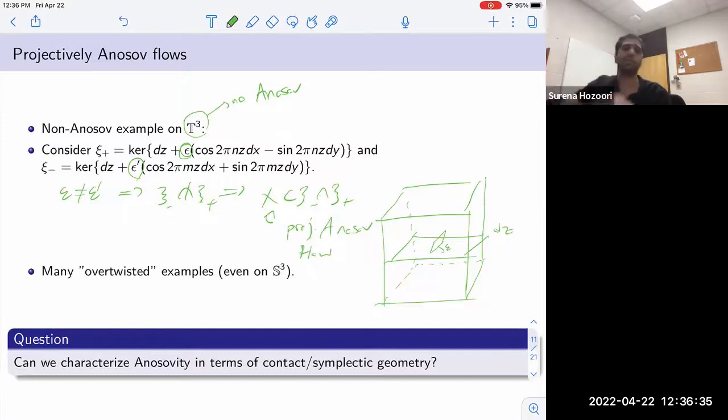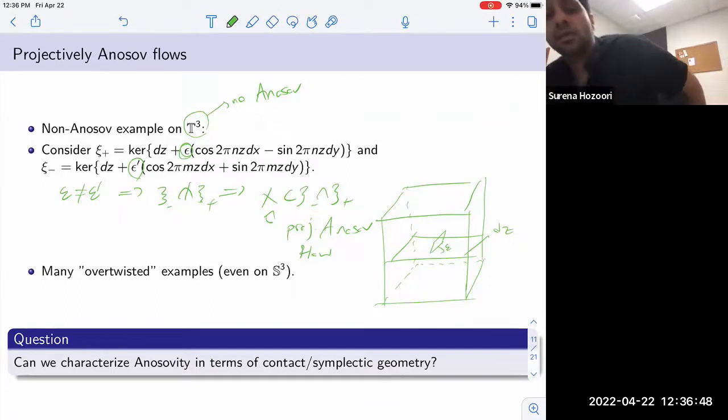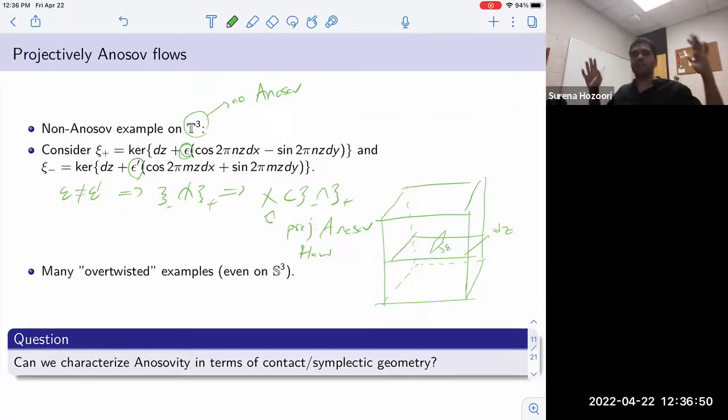And as I said, we can be sure that this is not actually Anosov. So this is an explicit example, but let me just mention, without going that deep into it, that we have many over-twisted examples as well, even on S3. And so in some sense, the reason that projectively Anosov flows, unlike Anosov flows, are abundant and flexible is more or less the same reason that over-twisted contact structures are abundant.